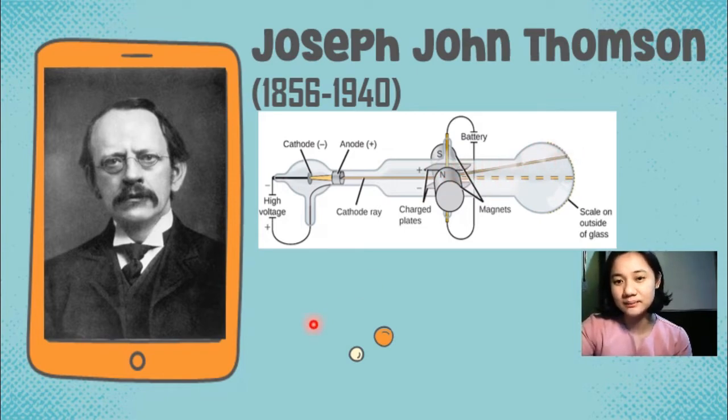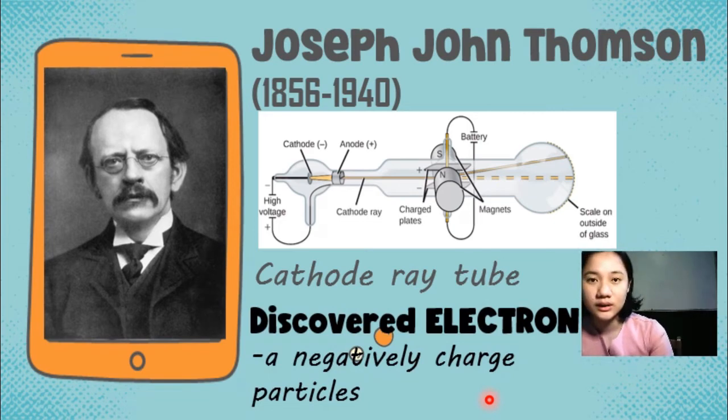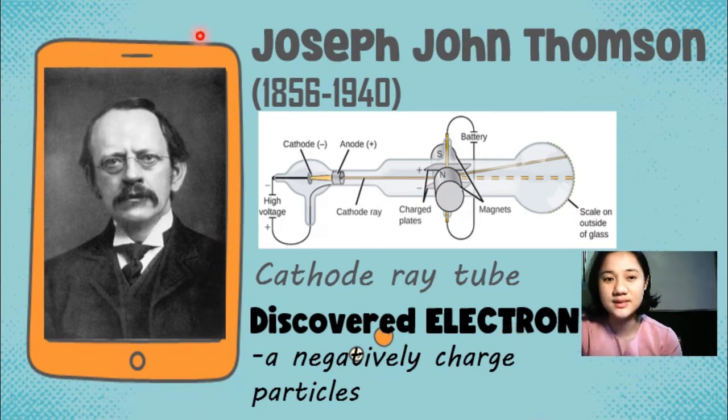So, dahil dyan, J.J. Thomson concluded that there are negatively charged particles among these rays of light, and he called that one as electrons. Okay, electrons is a negatively charged particles.